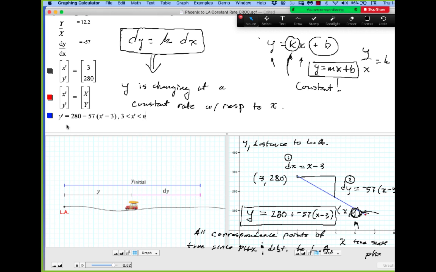Okay, so I see that I used the apostrophes to keep plotting over here in the right graph. And so there's my relationship.